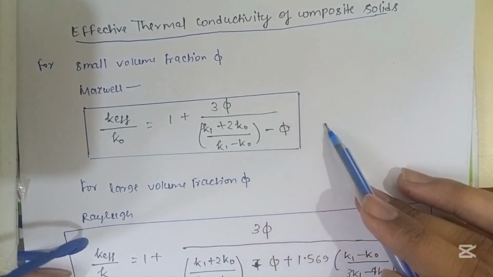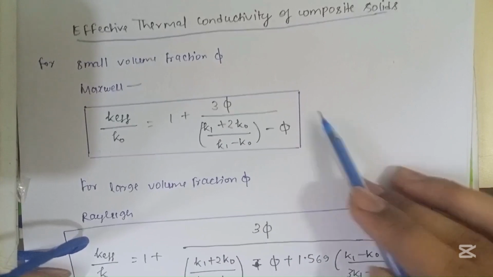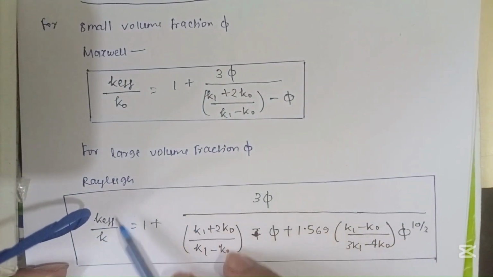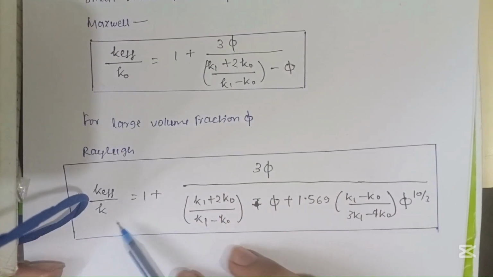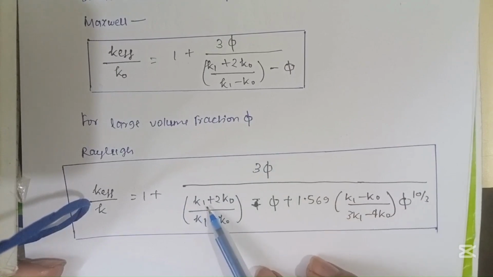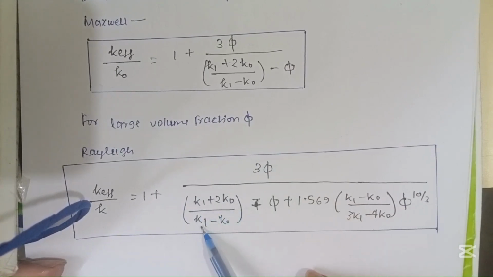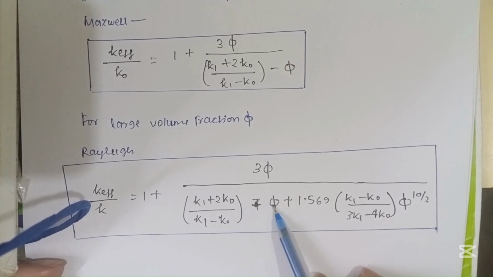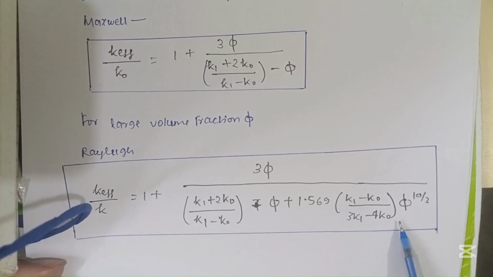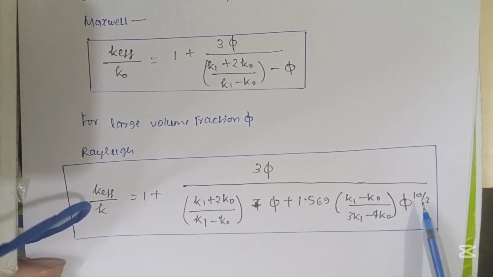It is for small volume fraction phi. For a large volume fraction phi, Rayleigh gives the expression K effective upon K naught equals 1 plus 3 phi upon (K1 plus 2 K naught upon K1 minus K naught) minus phi plus 1.569 into (K1 minus K naught upon 3 K1 minus 4 K naught) into phi to the power 10 by 3.